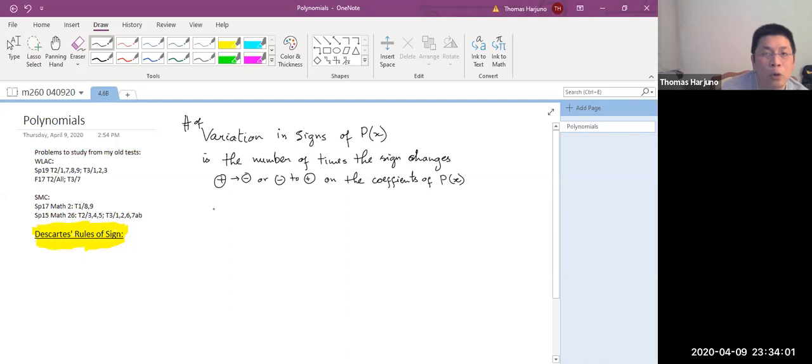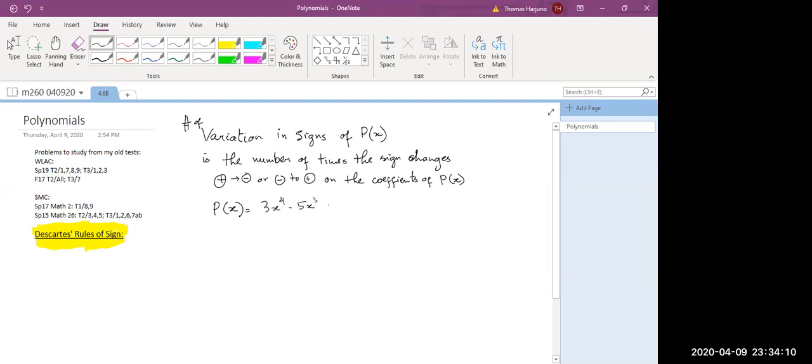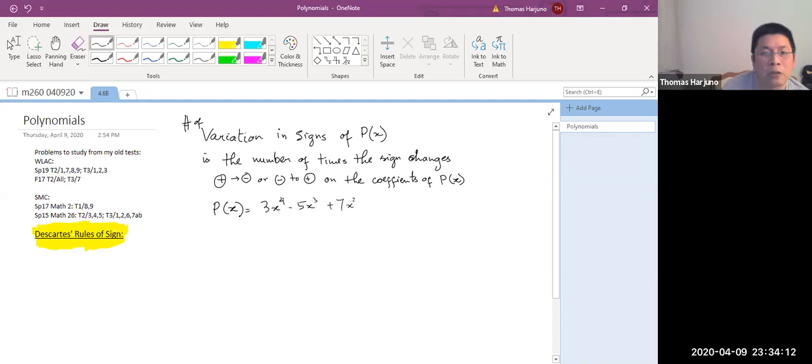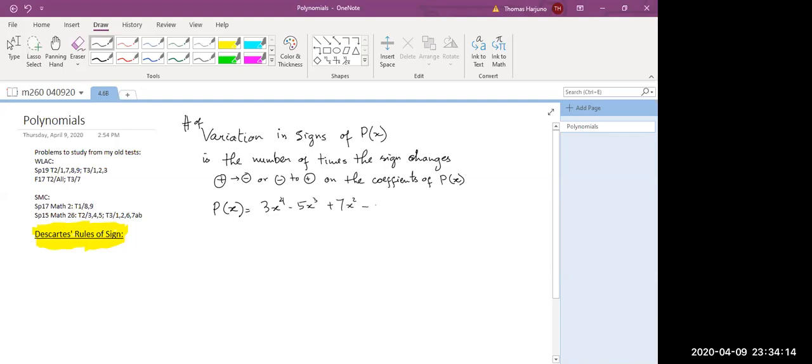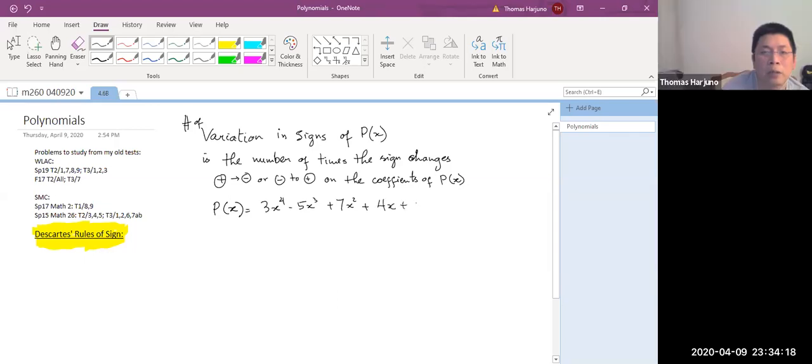Okay, now suppose, for example, I have p(x) equals 3x to the 4th minus 5x cubed plus 7x squared plus 4x plus 9. Notice that it's already in descending order.